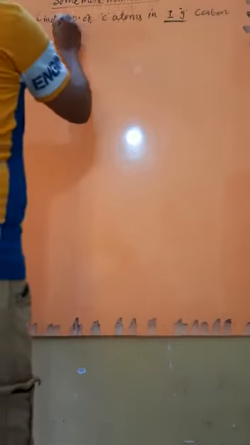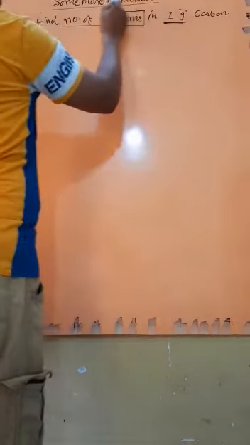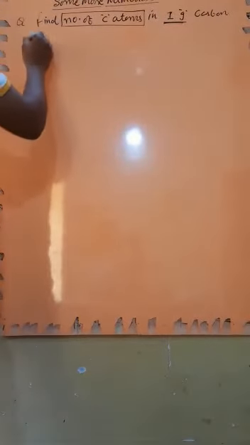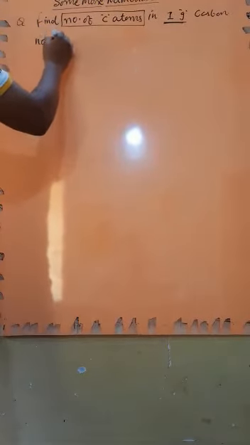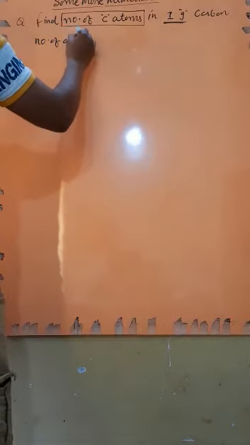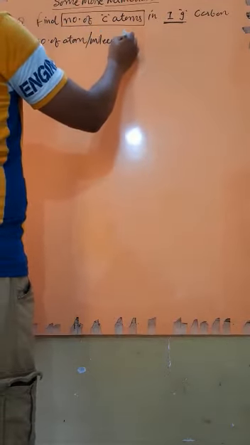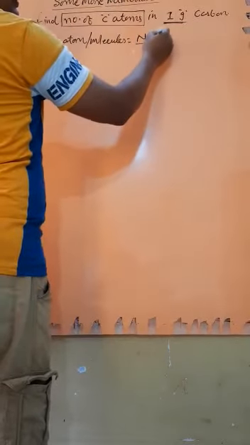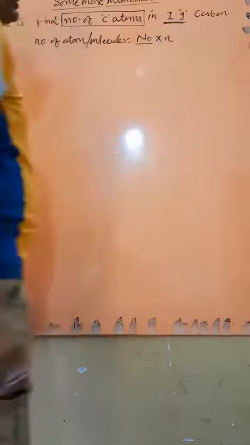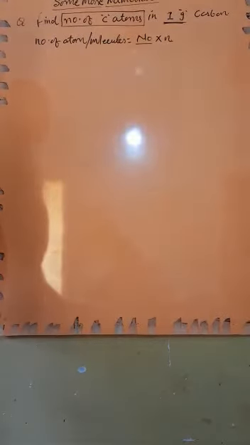Students, what is the formula to find the number of entities, that is, atoms or molecules? Number of atoms or molecules is equal to Avogadro number N0 multiplied by number of moles.